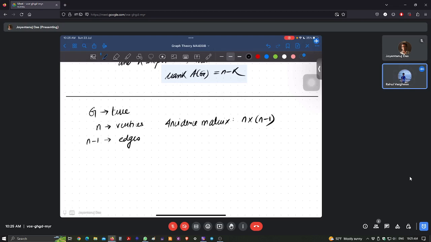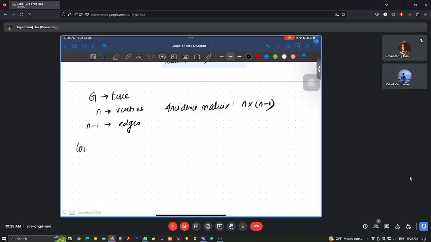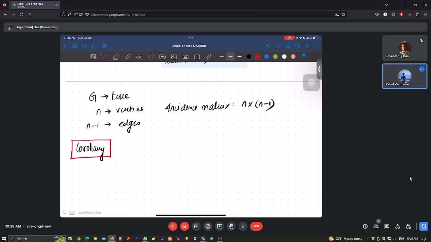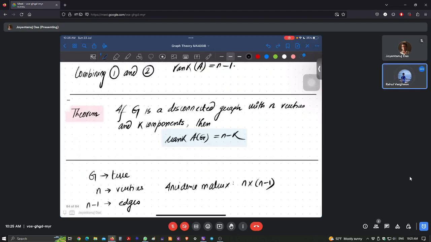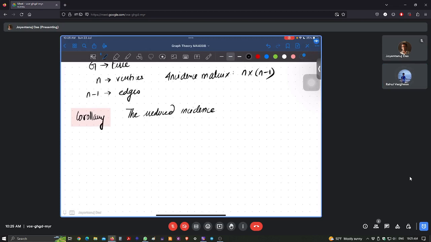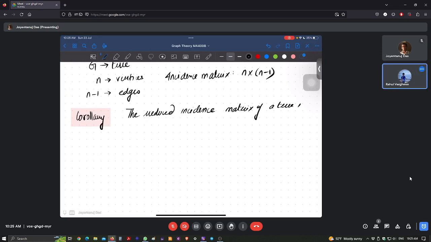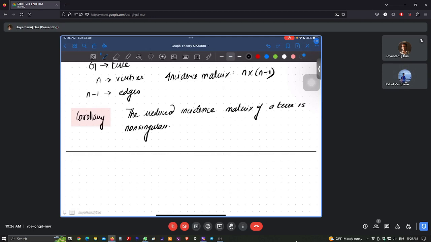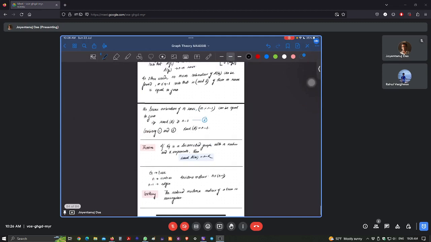So that is the corollary: the reduced incidence matrix of a tree is non-singular.